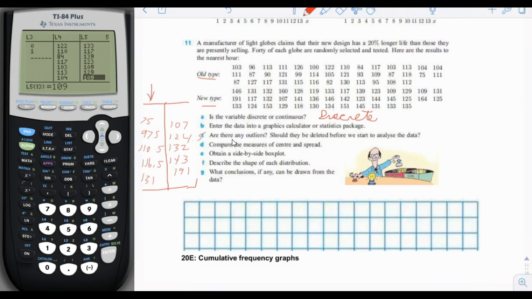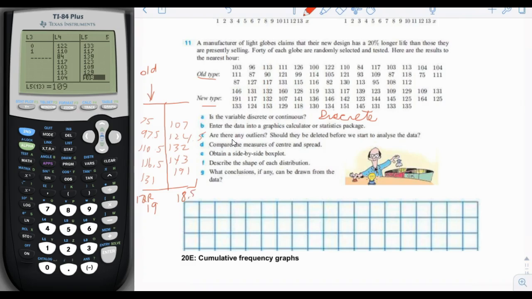For the old data, the IQR would be 116.5 minus 97.5, which is equal to 19. So the IQR is 19, and for the new data, the IQR is 143 minus 124.5, which is 18.5.